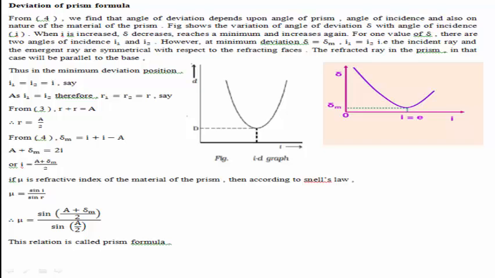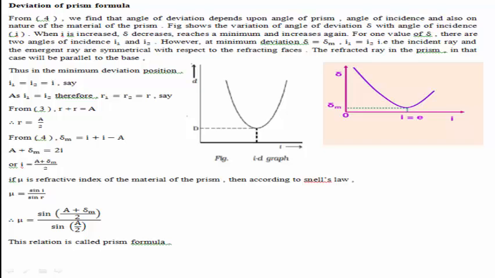From equation number 4, we find that the angle of deviation depends upon the angle of prism A, the angle of incidence, and also on the nature of the material of the prism. The figure shows the variation of angle of deviation, delta, with the angle of incidence I. When I is increased, delta decreases, reaches a minimum and increases again.